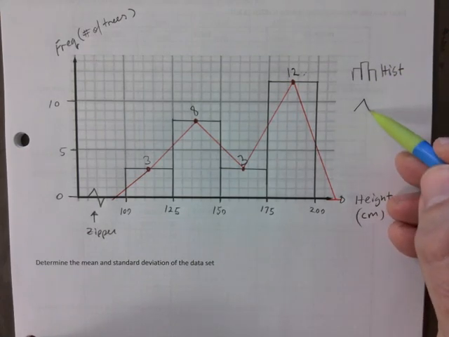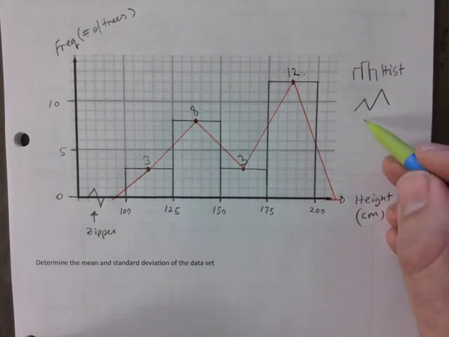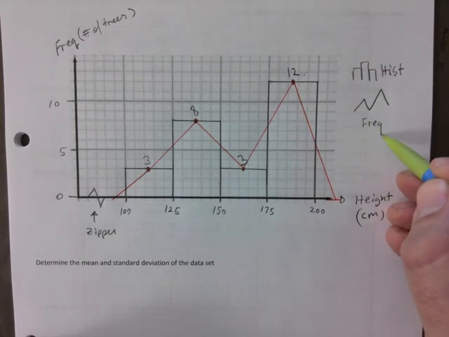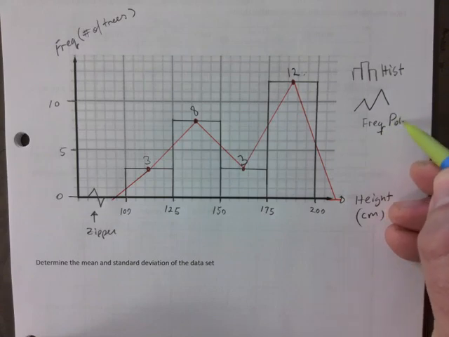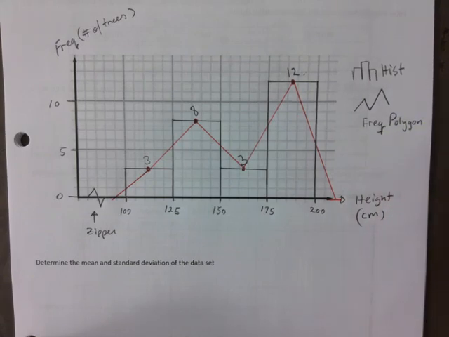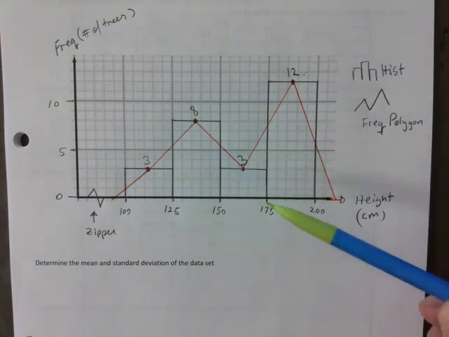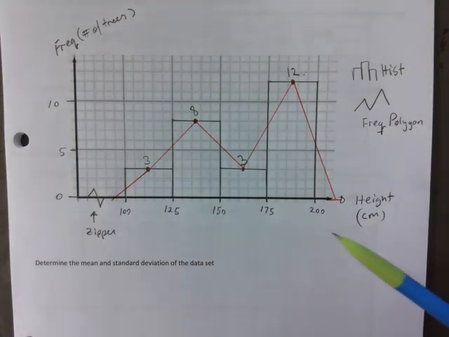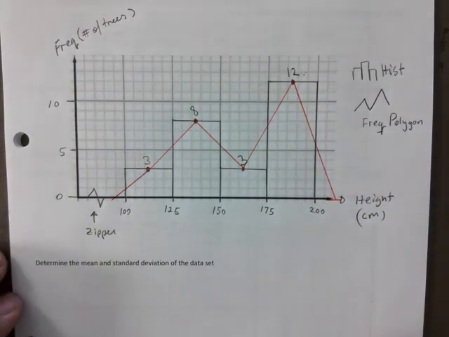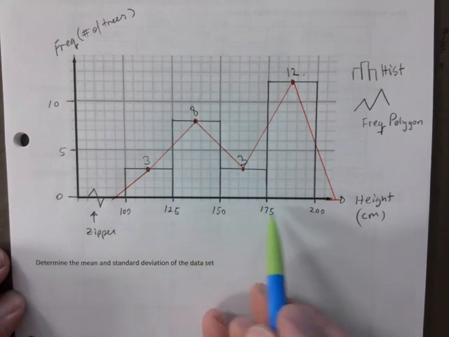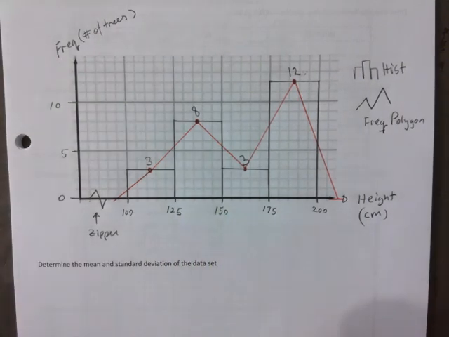And the lines that I've connected, that is the frequency polygon. I have them both on the same grid. It's just way easier. I actually tell my students, even if I only ask you for the frequency polygon, do both. Because it's just so much easier than having to calculate the midpoints, because these numbers, I take them straight from my table.